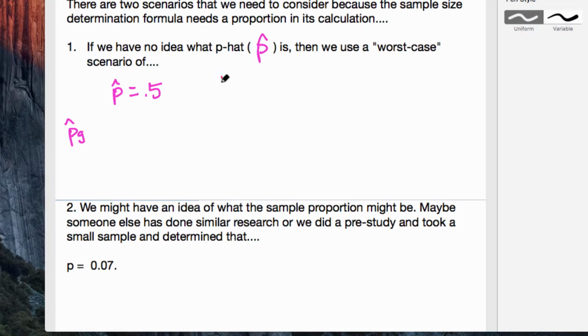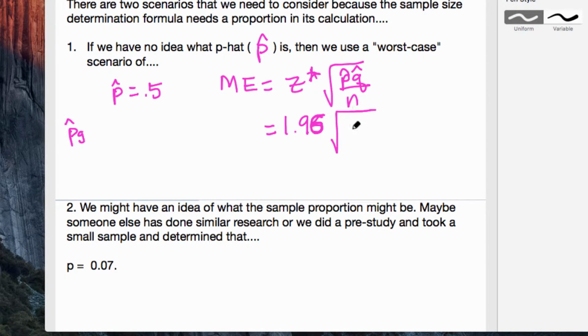All right, so let's calculate this margin of error. ME is equal to, let's write out the formula, z star times the square root of p hat times q hat divided by n. Let's fill in what we know. 95% confidence level. We've worked with this a lot by now, so 1.96 is the z star value. It's the critical value. And then multiply that by p hat.